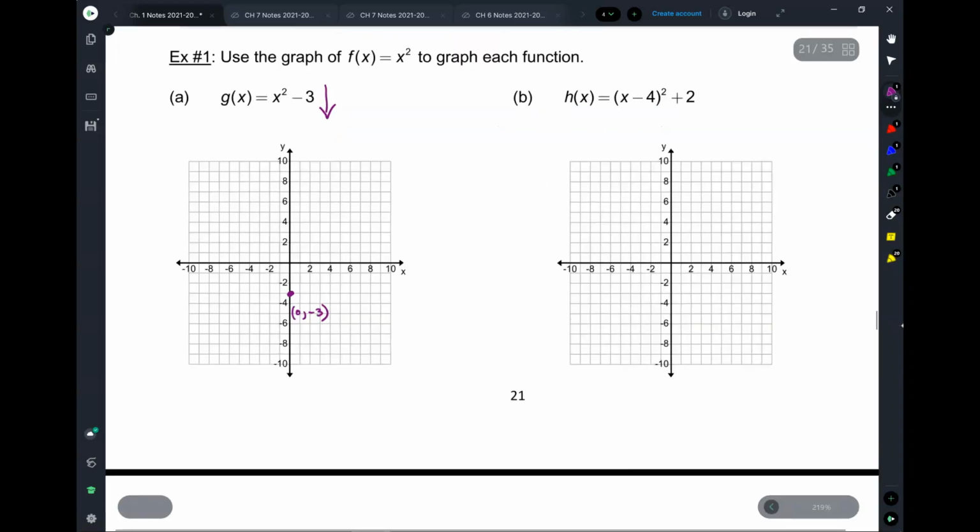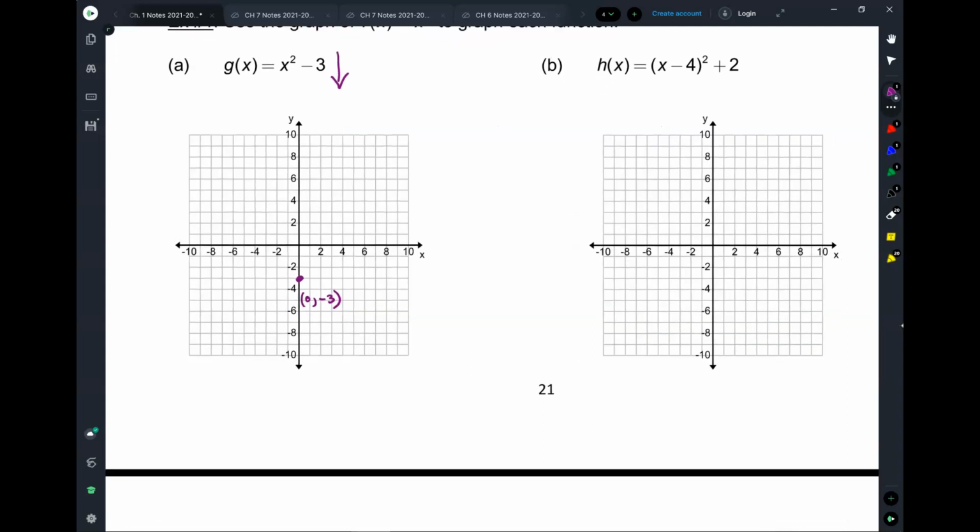Now, this is a quadratic function, a parabola. That means, here's what we're going to do. If you move over to the right 1 unit, how much are you going to go up? 1 squared, 1, so right here. So that point is at (1, negative 2). We'll do the other side later.